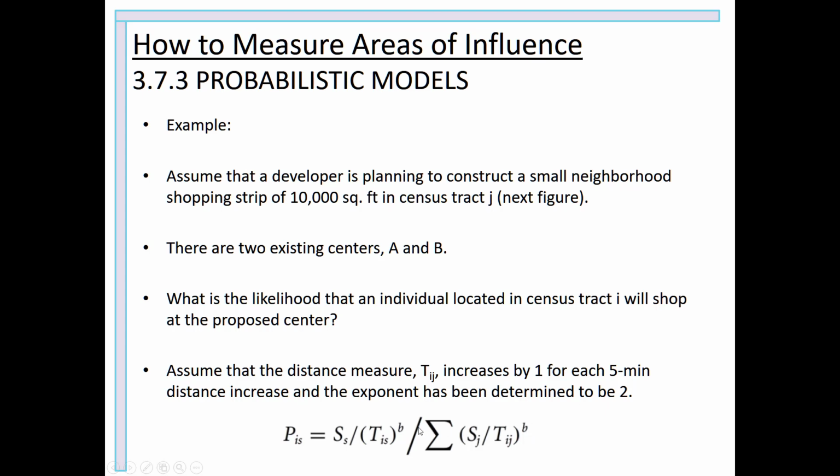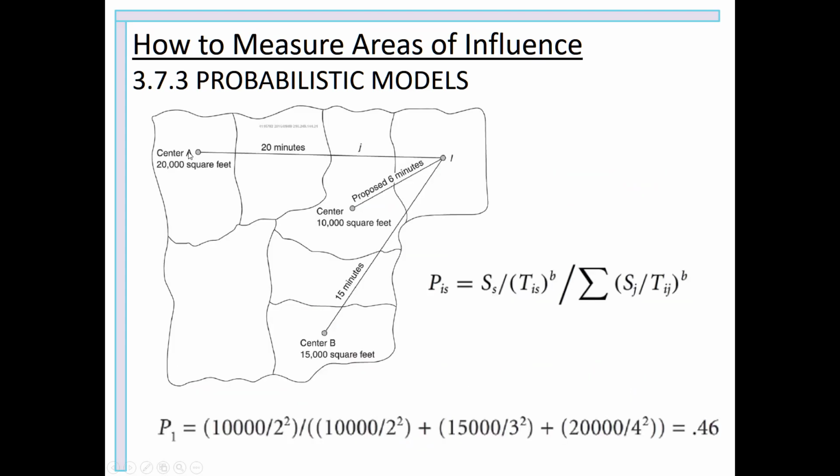So this B is going to be 2, and in this case the distance is 4, because I'm measuring every 5 minutes, so 20 minutes divided by 5 is 4. The distance here is 3, because 15 minutes I'm going to count as 3. And here I rounded up, counting as 2.